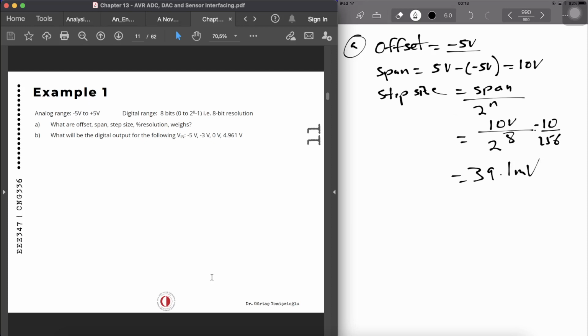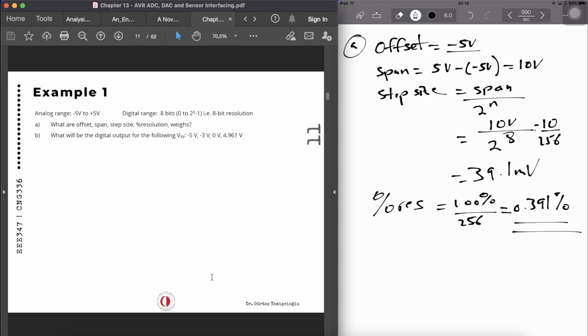Then the percent resolution is 100% divided by 256. You can calculate it like that, or use the other formula: 0.391%. So that will be our percent resolution.